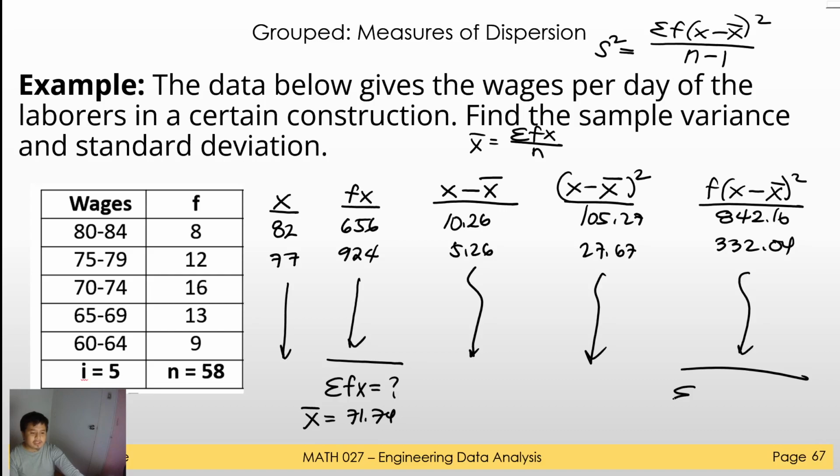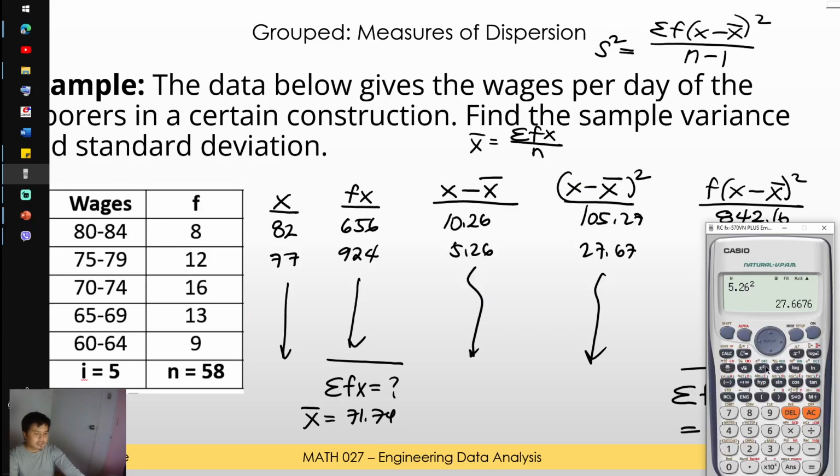And then you want to find the summation, the sum of f times the square of the difference of the class mark and the mean. I have already a calculation here.